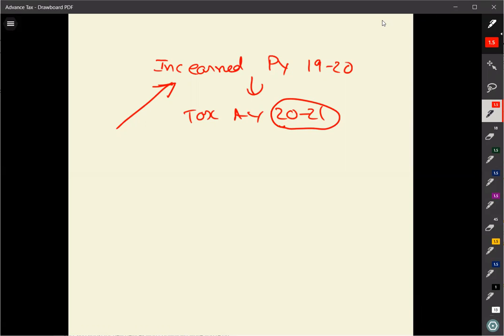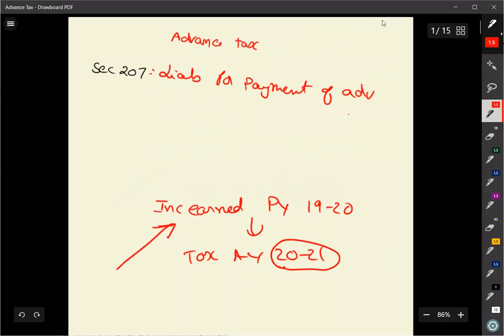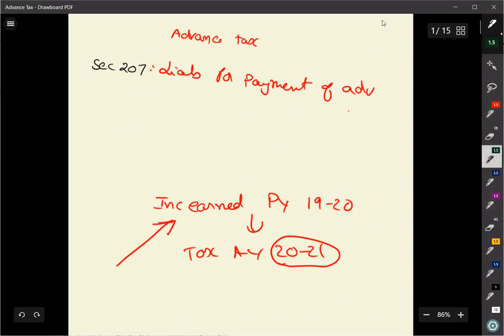Advance tax shall be payable during any financial year in respect of what? Let us see. What we have discussed is that advance tax has to be paid in the previous year only. Instead of paying the tax in the assessment year, you are supposed to pay the tax in the previous year.